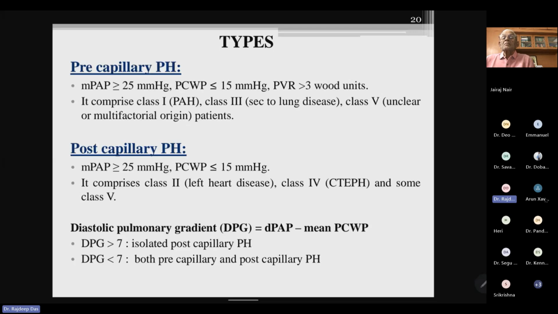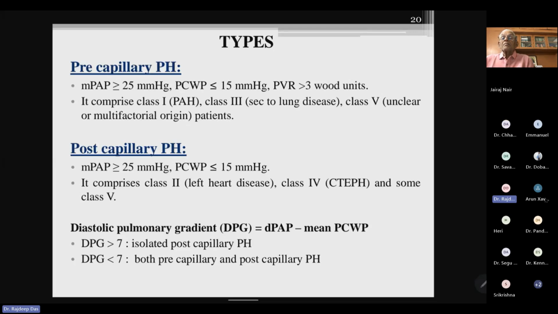All of this comes under the precapillary pulmonary hypertension, while post-capillary includes the left side of the heart disease causing pulmonary hypertension. Class 4, that is thromboembolic pulmonary artery hypertension, comes under the post-capillary pulmonary hypertension.